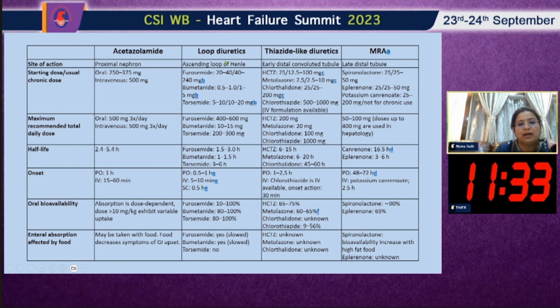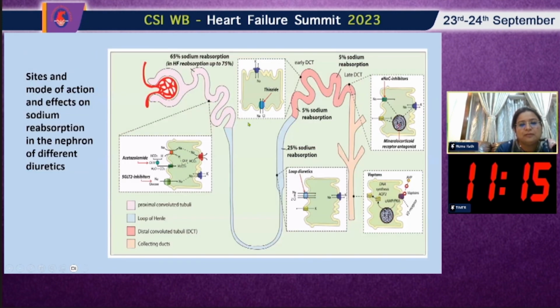Acetazolamide, loop diuretics, thiazide-like diuretics, and the MRAs. The doses and maximum recommended doses are known to us. Let us talk only about furosemide, which is started at 20 to 40 mg and the maximum dosage being 400 to 600 milligrams.